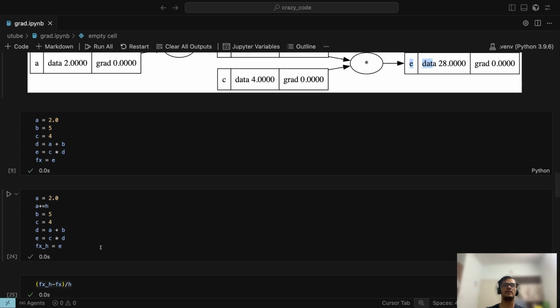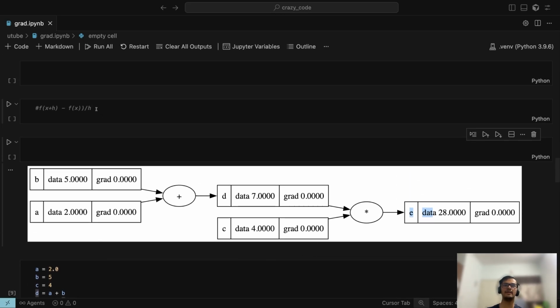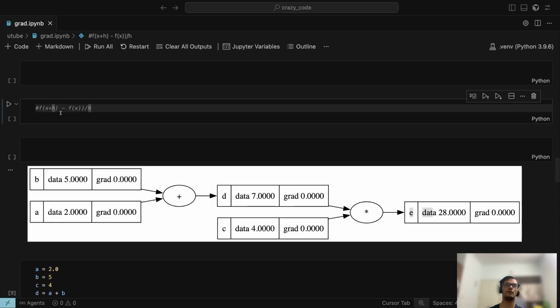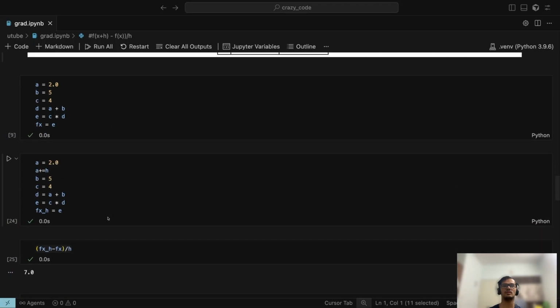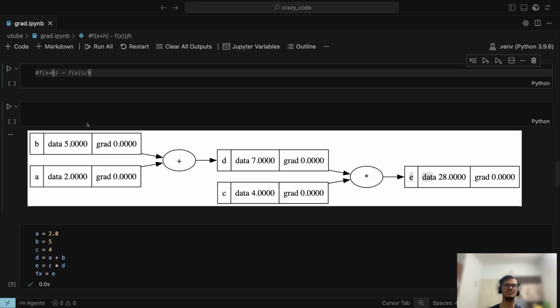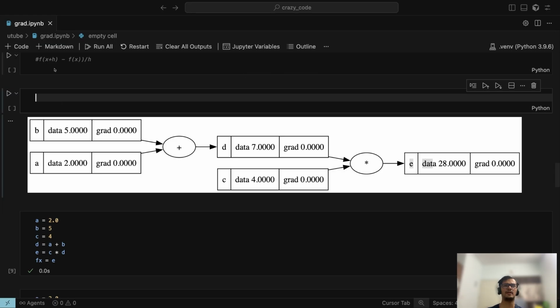To do that we will use this standard formula: f of x plus h minus f of x, divided by h. Here h is, for example, 1.